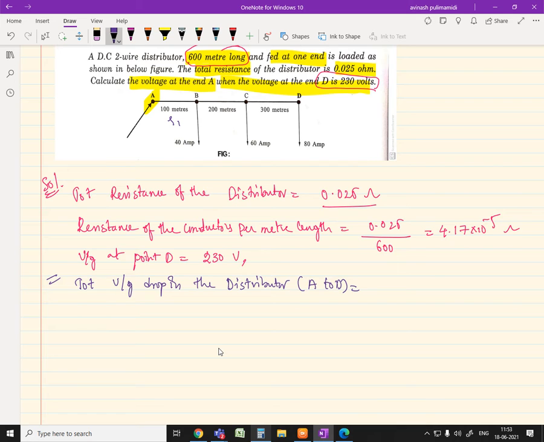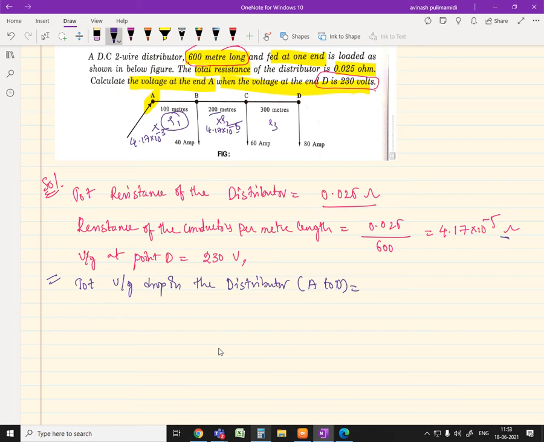This is the resistance R1, R2, R3. Yes or no? This resistance is given in meters, so we have to find this in ohms. For that reason, you multiply this with 4.17 into 10 power minus 5. Here also you multiply this with 4.17 into 10 power minus 5. Hope you understood, right?